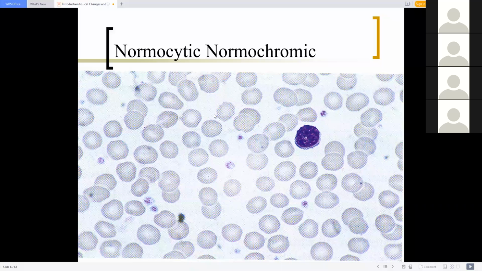So in describing sizes of the red cell under the microscope, the morphologist usually looks for a small mature lymphocyte. If the cells surrounding that small lymphocyte are similar size, then we say the red cells are normocytic, in that they are of normal size.